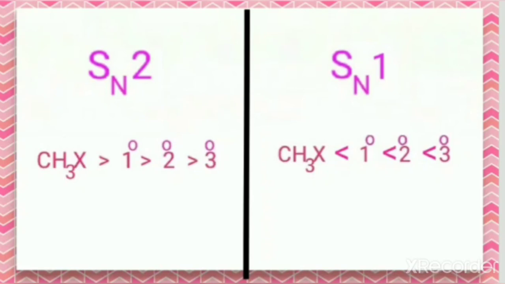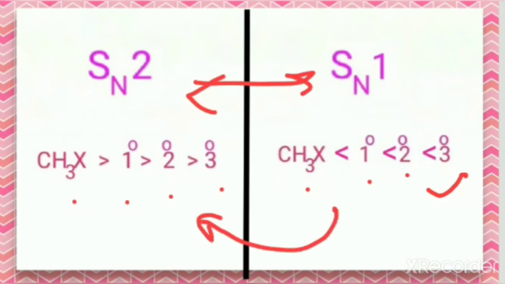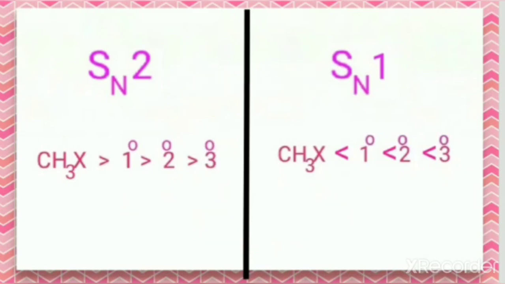So in the SN1 reaction, 3 degree is more reactive than 2, then 1, then methyl halide. But in SN2, methyl halide is more reactive than 1, then 2, then 3. So the reactivity is just the opposite of each other. What we can conclude is that in SN1, 3 degree is more reactive, but in SN2, 1 degree, or methyl halide, is more reactive.